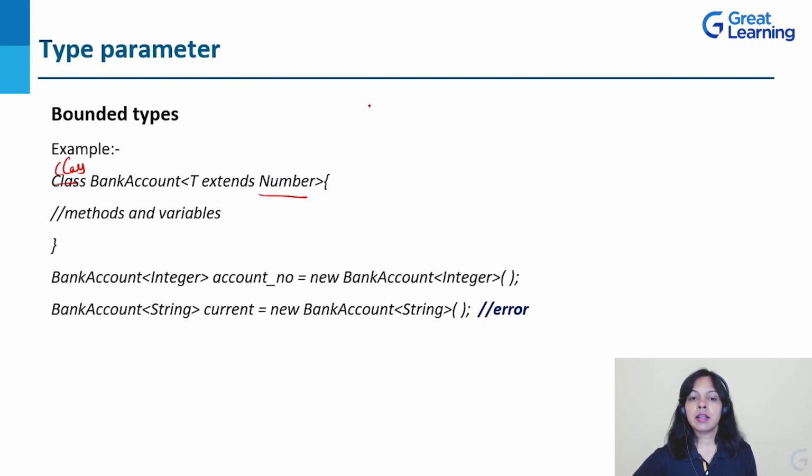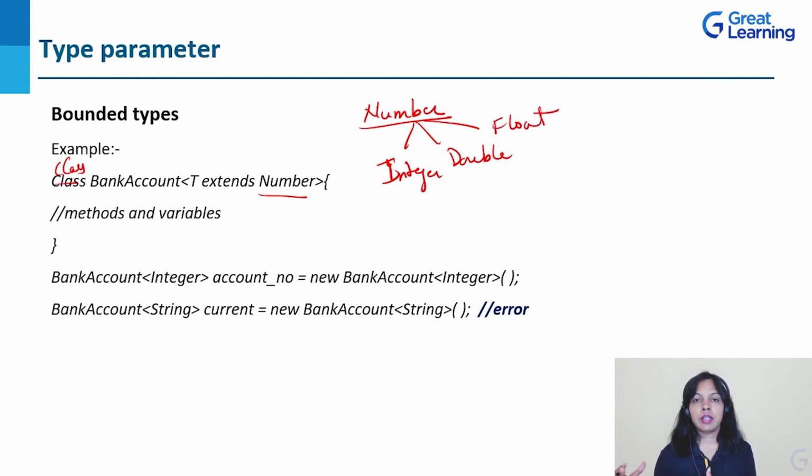Number is an inbuilt class in Java, which is a superclass for all these types of classes, that is Integer, Double, Float. All these number representation classes are subclasses of the superclass Number. So Number is a class in Java, that's why we are making use of it. So extends Number. Now it is confined that this T can be only one of these classes.